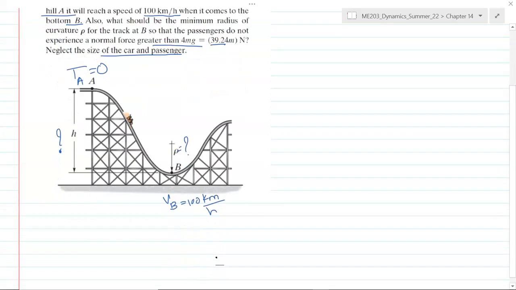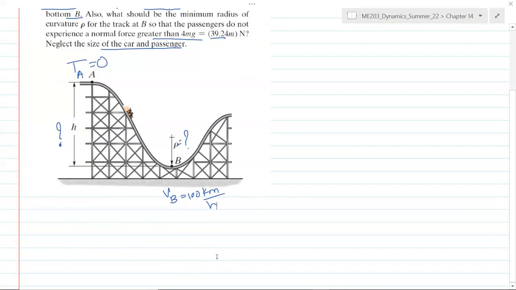So we need to convert this into meters per second, because gravitational acceleration is in meters per second square, so we want to make sure that all the units are consistent. Let's apply the work-energy concept: initial kinetic energy plus work done going from A to B is equal to final kinetic energy at B. Initial kinetic energy is 1/2 m VA square.